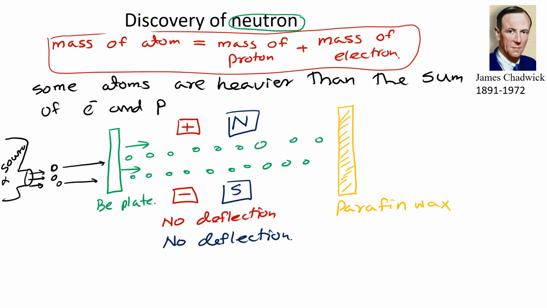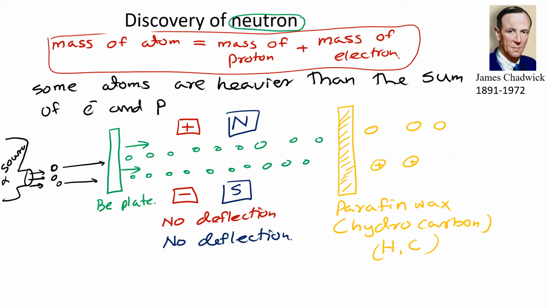Candles are made with hydrocarbons. The name says it: you have hydrogen and carbon, lots of hydrogen and carbon. And when he placed paraffin wax in front of these particles emitted from the beryllium plate, he noticed that positive charges come out from it.